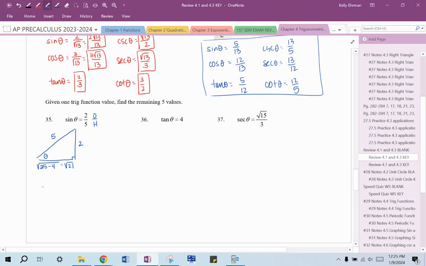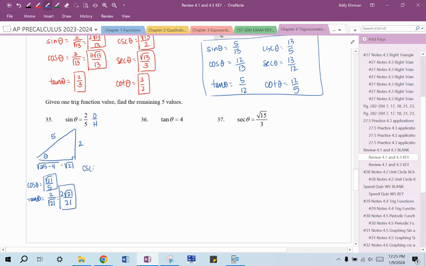So we already have sine. We're going to find cosine theta. Scooch this over so I have room. So cosine theta is equal to radical 21 over 5. Tangent theta is equal to 2 over radical 21, which we need to rationalize. So there's cosine, there's tangent.